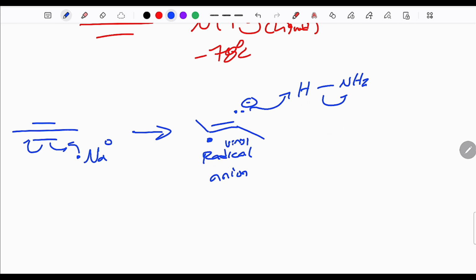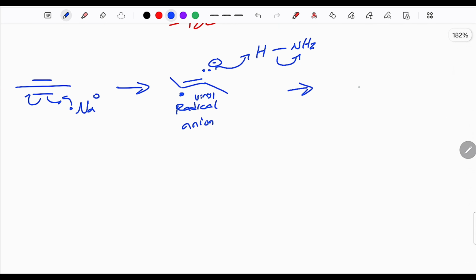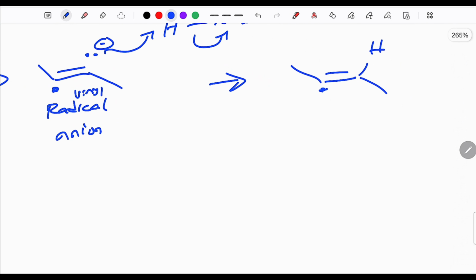And that will generate us this. Boom. Now hydrogen's added to it, and still that radical, okay?